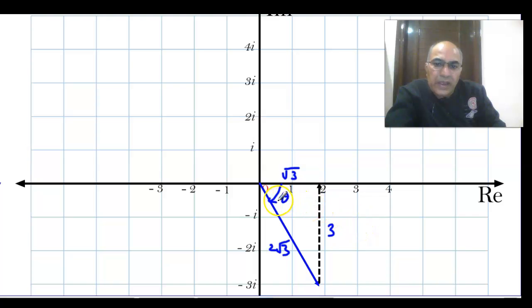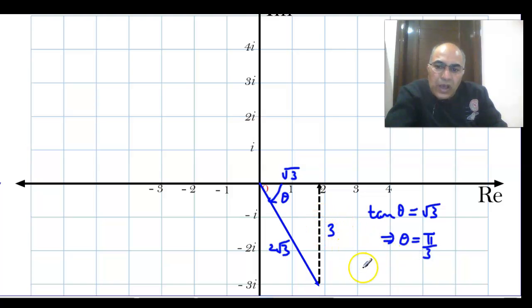So the angle theta is measured by using T ratios. Tan theta is equal to 3 upon root 3, which implies theta is equal to pi by 3.